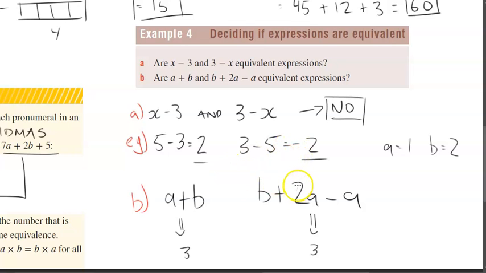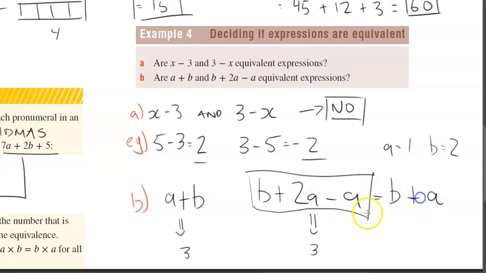I'm not going to do it. I know that they are equivalent only because this right here can be simplified further. If I have 2 lots of A and I take away another A, I end up with 1 lot of A. So this can be written as B plus A. Hold on a second, isn't A plus B and B plus A the same thing?